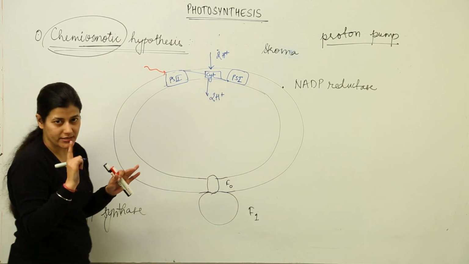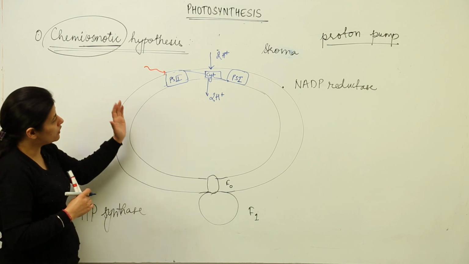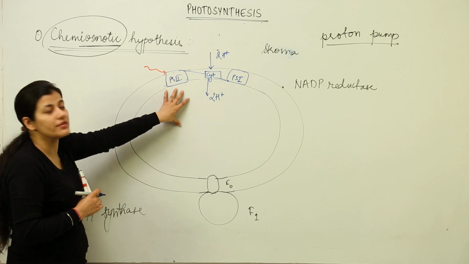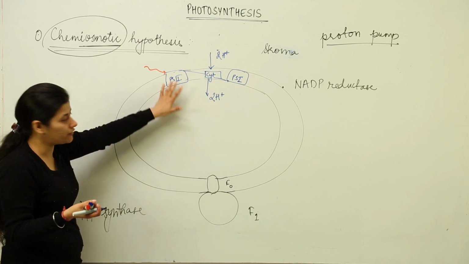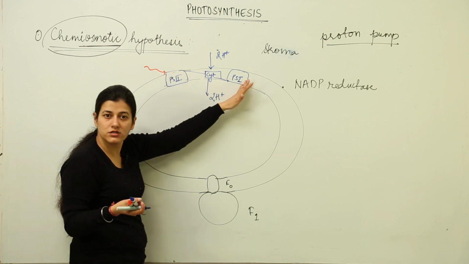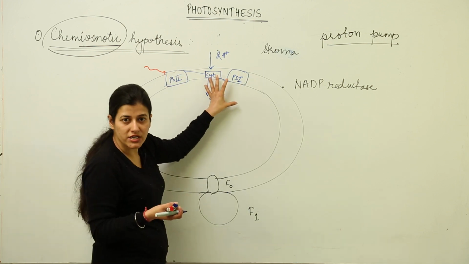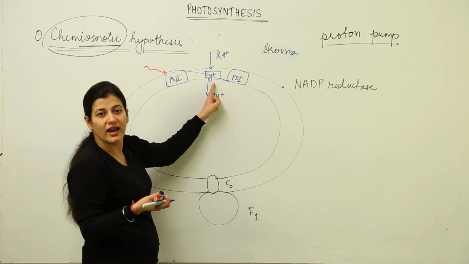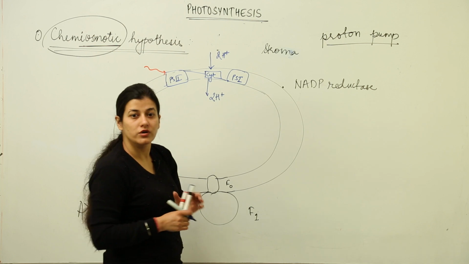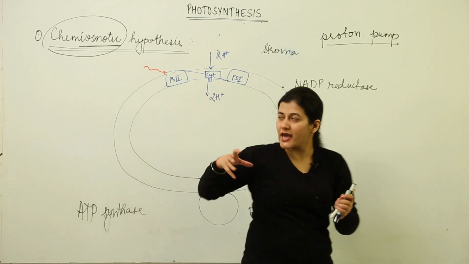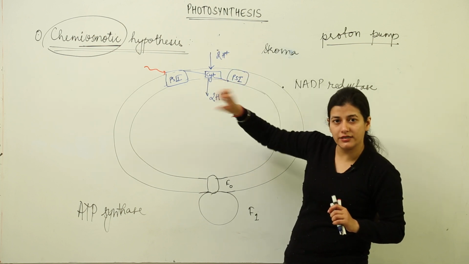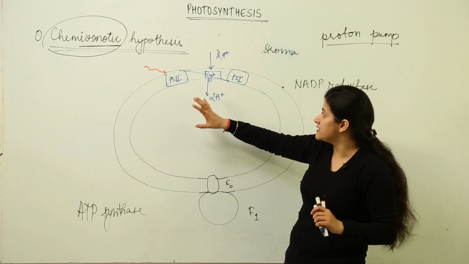This is the first thing that you have to remember. There is constant excitation of electrons from the reaction center of the photosystems, and those electrons are going to photosystem 1 through the electron transport chain, where cytochrome lies as an acceptor. When this cytochrome takes up those electrons, side by side it picks up protons from the stroma in order to meet the energy requirements and attain stability.